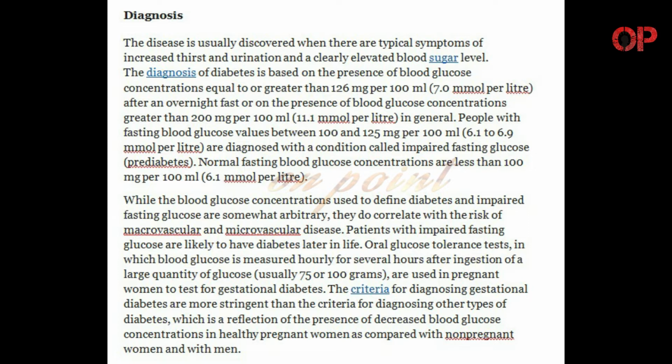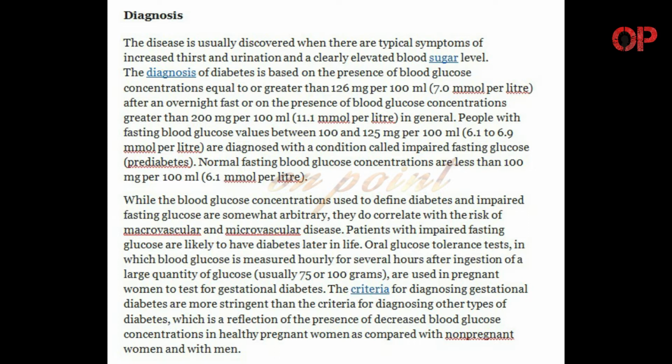People with fasting blood glucose values between 100 and 125 mg per 100 ml, 6.1 to 6.9 mmol per liter, are diagnosed with a condition called impaired fasting glucose, prediabetes. Normal fasting blood glucose concentrations are less than 100 mg per 100 ml, 6.1 mmol per liter.